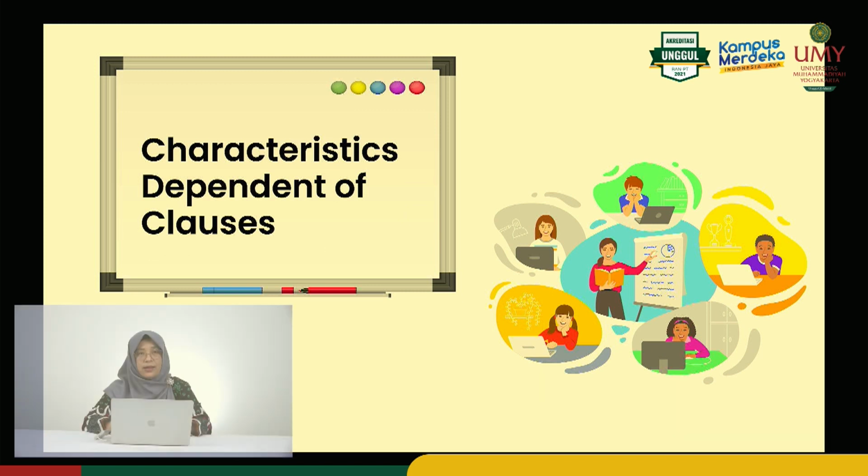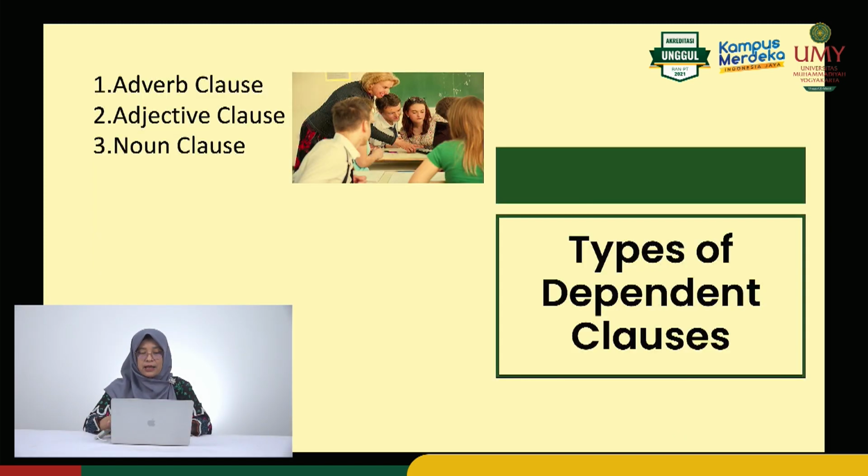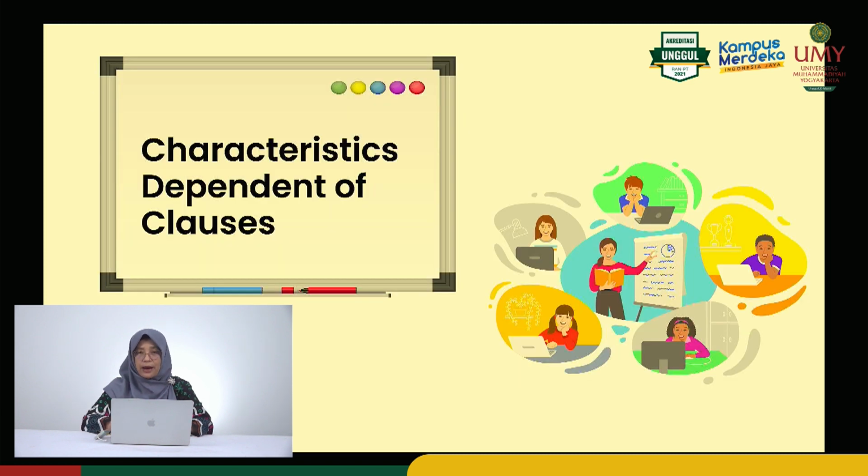And then what are the characteristics of dependent clause? So let's see. First, it should have a subject, of course. And then the second, it should also have a verb or predicate. And the last one, this is an important thing, it should have a connector. Remember, all dependent clauses must start with a connector.